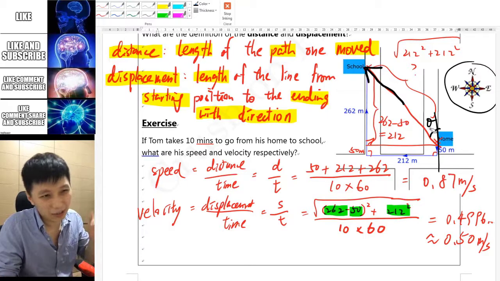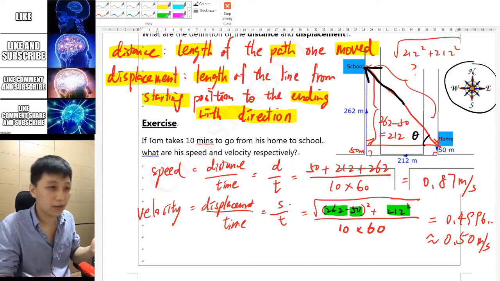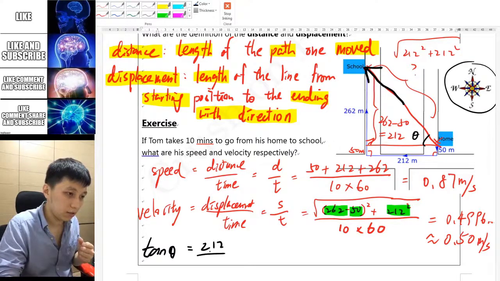So that means you have to find out this angle. But then this is a bit hard to find, right? So let's find this angle first. This angle, you should know how to find it. You can use trigonometry, which you have learned in maths. So tangent theta will be actually 212, because we calculated 212, and the base here is 212 as well.